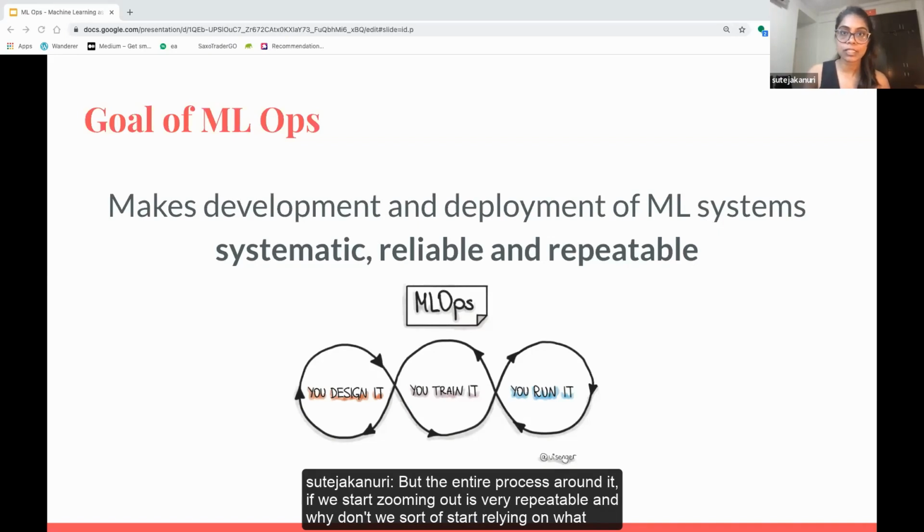But the entire process around it, if we start zooming out, is very repeatable. So why don't we start relying on what DevOps engineers have been doing forever and implement similar aspects with the lens of machine learning? That's how the word MLOps has been coined.